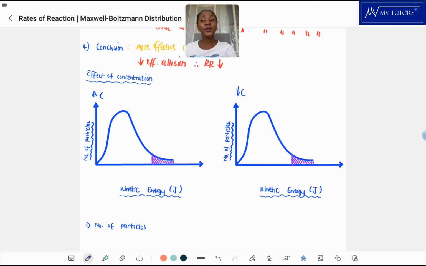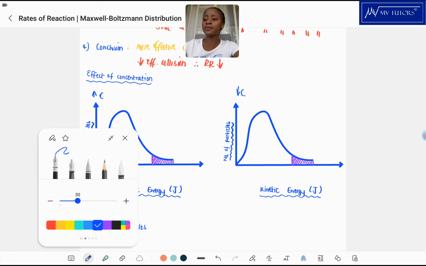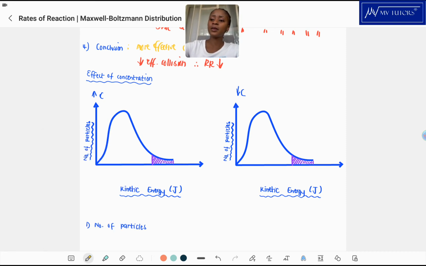The number of particles increases when you increase concentration, and decreases when you decrease concentration. So that's the first thing: the number of particles will increase.